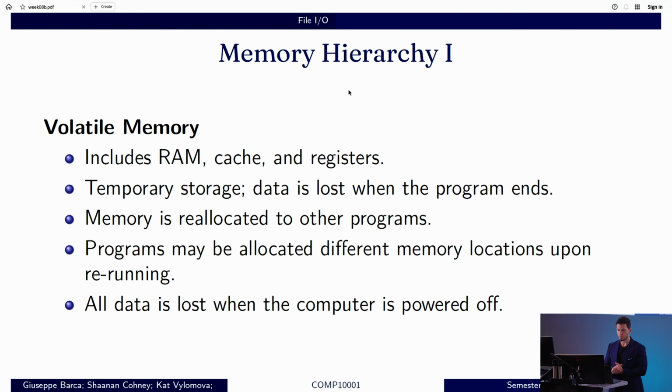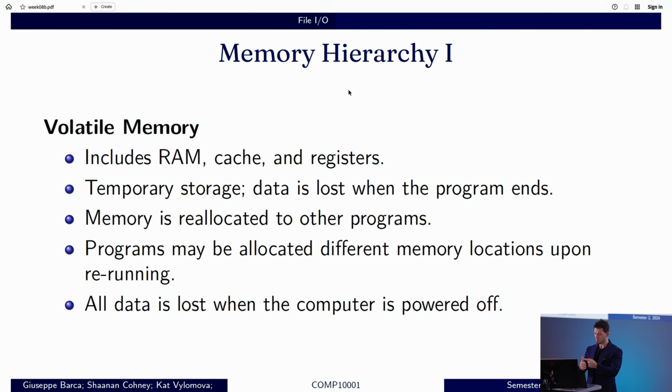Now, what's very important here is that all these types of memory can be broadly classified in 2 categories: volatile and persistent memory. Volatile memory includes all of your main memory. Okay, so your RAM is volatile.